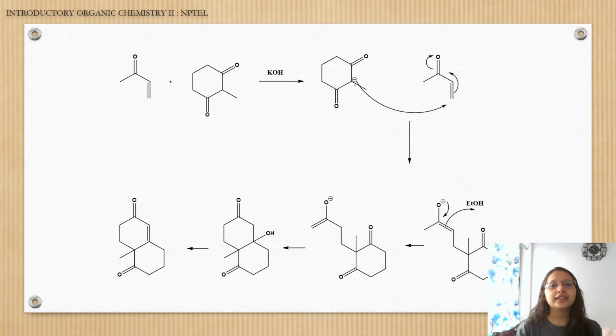Okay. What I am explaining here is that when a carbanion is generated at this position, is it stabilized or not? It is stabilized, right? Via the conjugation between these two carbonyls. Since this carbanion is very much stabilized, it behaves as a soft nucleophile.